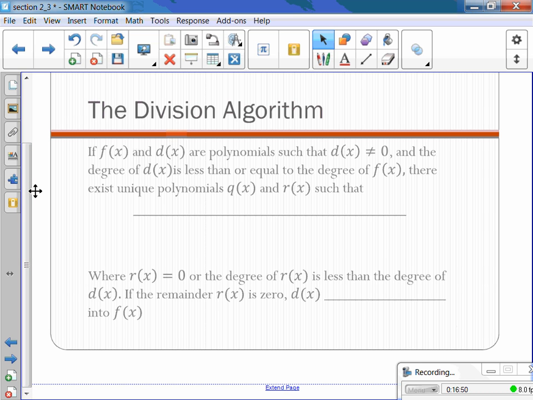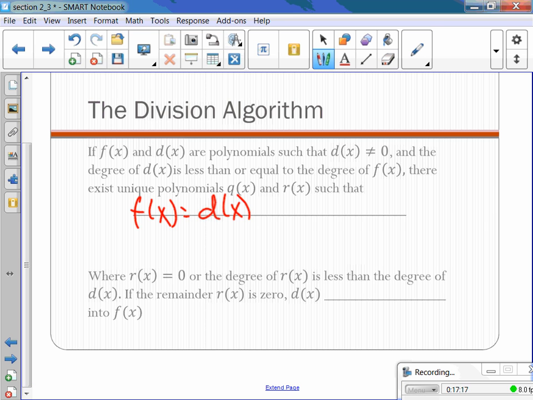Then there exist unique polynomials, q of x, my quotient, and r of x, my remainder, such that f of x, my original polynomial, is equal to the divisor times the quotient plus the remainder.